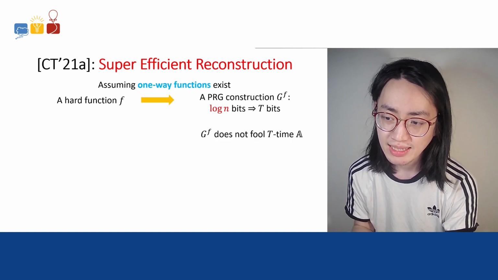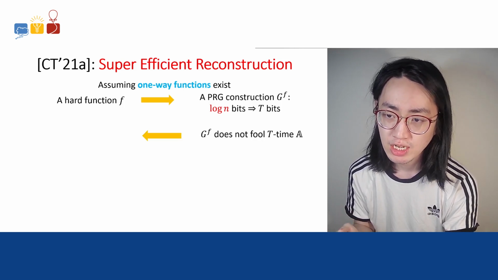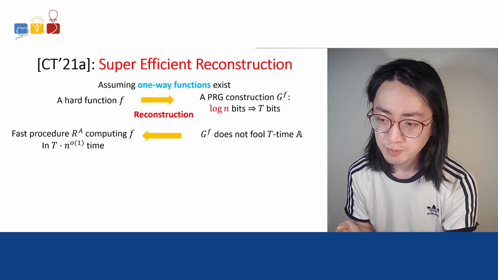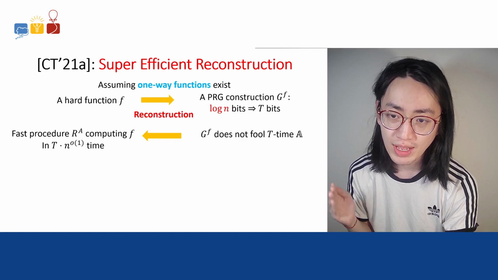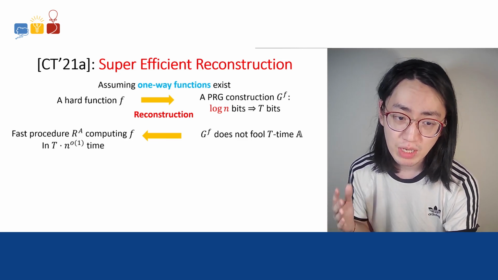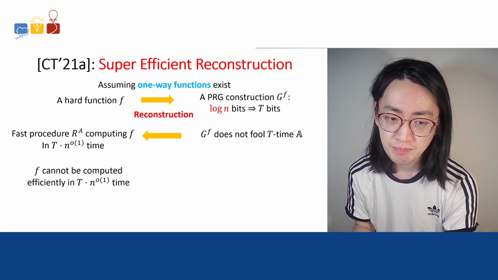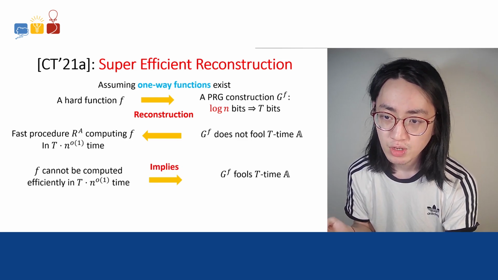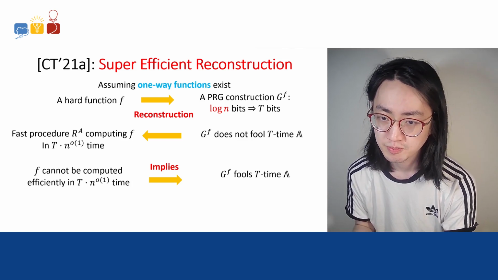The key part here is that given a T-time algorithm which is not fooled by G_f, one can obtain a fast procedure R_A which computes f in T times n to the little o(1) time. So by taking the contrapositive, this implies that if f cannot be computed efficiently in T times n to the little o(1) time, then G_f will fool all possible T-time algorithms.